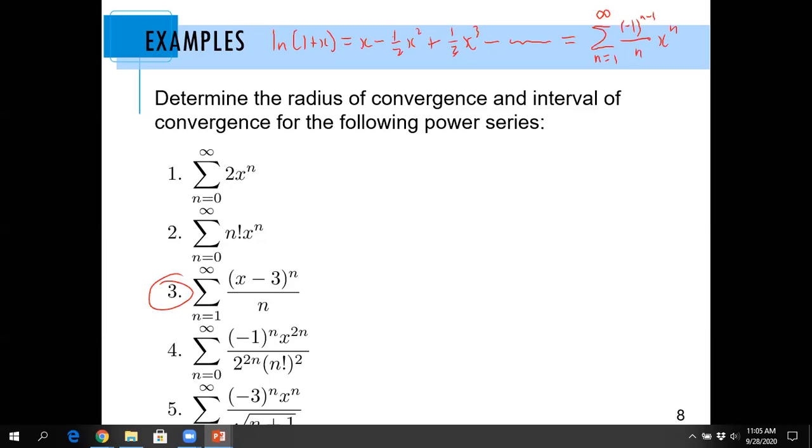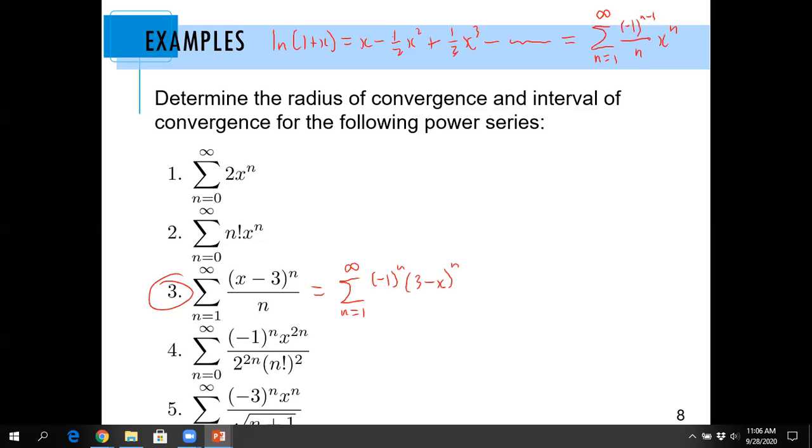Well, it turns out I can tweak this thing to have the appropriate form, okay? The way that I would do that is the following. First of all, I'd like to see a minus 1 to the n minus 1 pop out. I can actually do that. This is going to look kind of weird, so watch this. This is the sum, n going from 1 to infinity. I'm going to write this as minus 1 to the n times 3 minus x to the n.